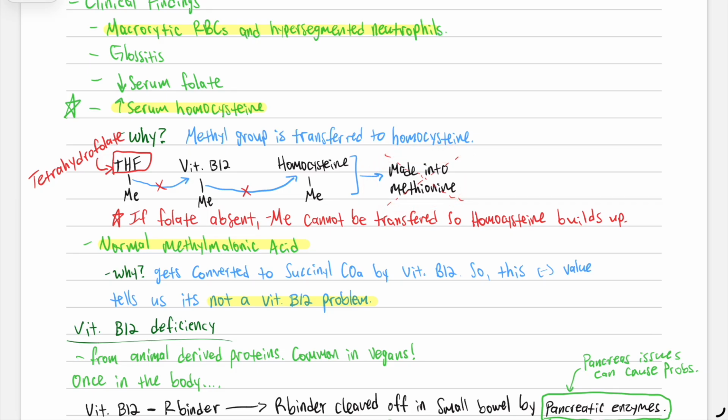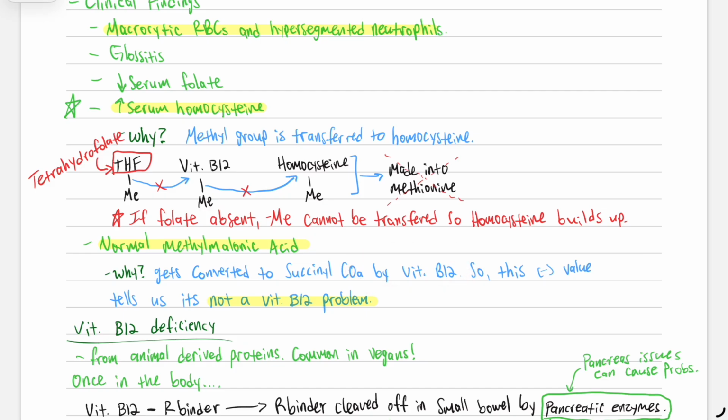And then another finding that's very important is normal methylmalonic acid. And the reason why this one's really important is because this is how we're going to differentiate between a folate and vitamin B12 deficiency. And the reason is because methylmalonic acid gets converted to succinyl-CoA, but it requires vitamin B12 to do this.